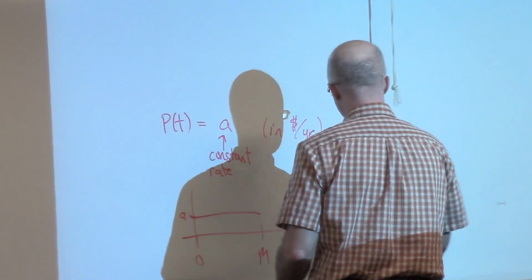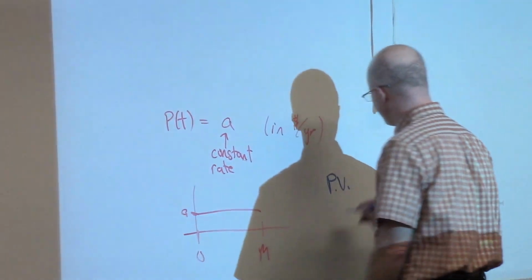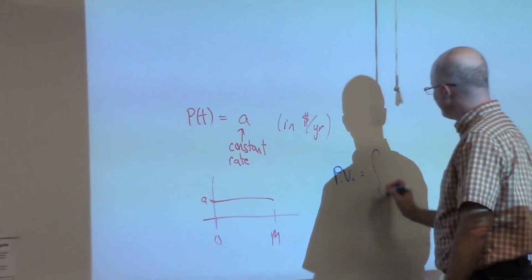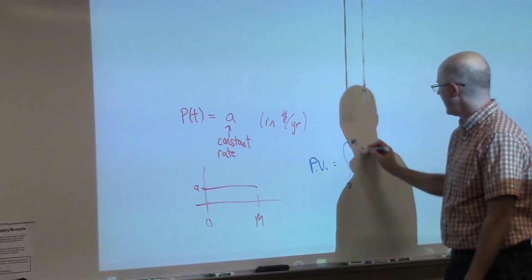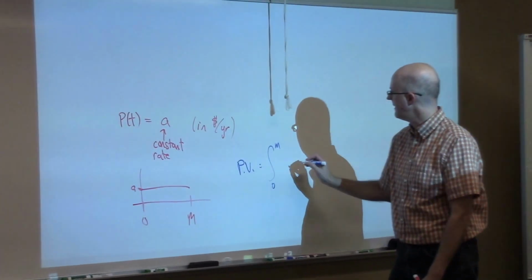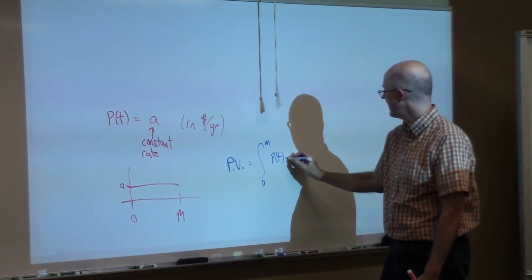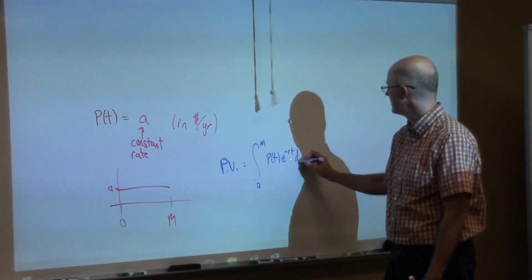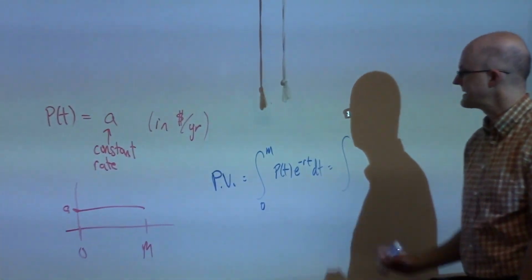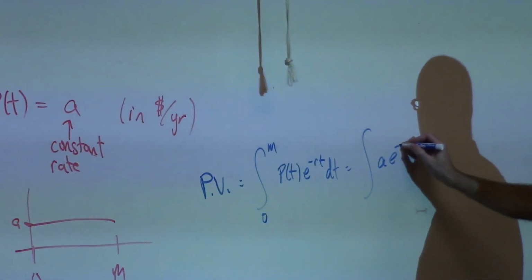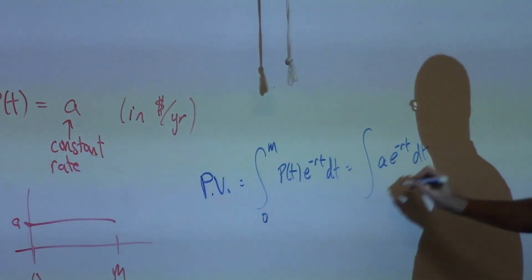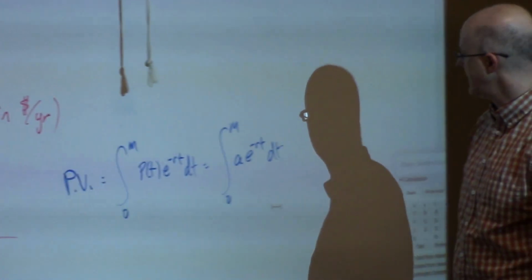In this kind of situation, the present value, I'll just call it PV for present value, was the integral from 0 to m of P of t times e to the negative rt. When P of t is a constant A, the integral looks like this. And this integral is not too hard to do.